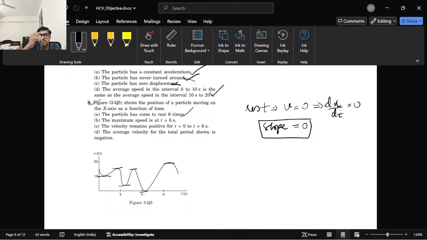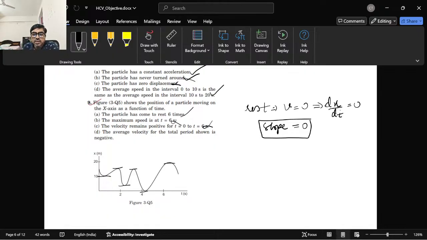So x is decreasing, that means negative slope. X is increasing, positive slope. Whenever positive slope is there, positive velocity. Negative slope is there, negative velocity. So velocity remains positive from 0 to 6 seconds. That is wrong. B option is wrong and C option is also wrong.